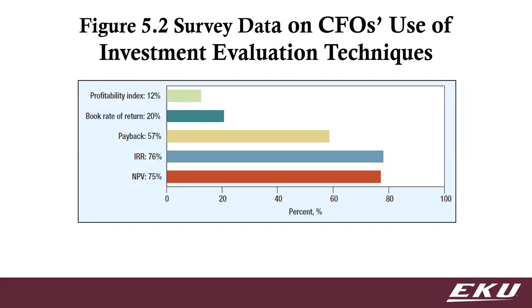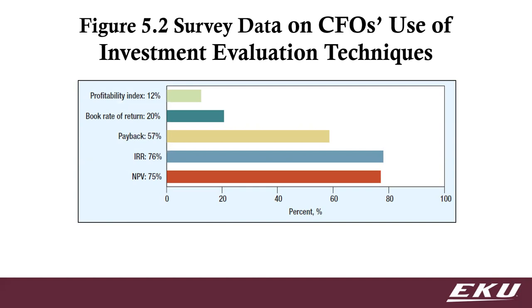If you look here, you'll see they've asked CFOs what they do to evaluate which project to choose. And as you see, the IRR, that's the internal rate of return, and the NPV, net present value, are overwhelmingly used. Payback we'll get into, but payback is basically how long it takes to recover your initial investment.